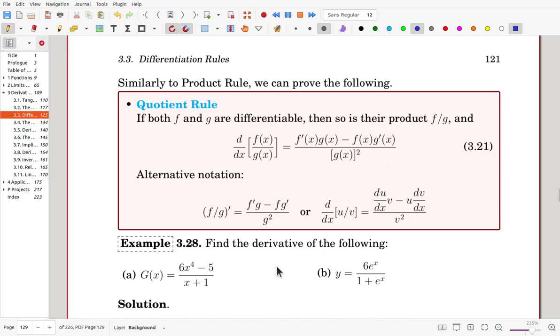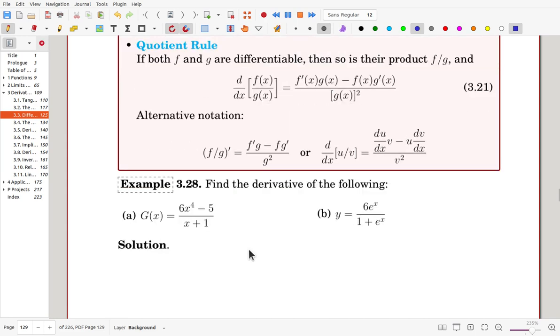Ignoring x terms, we can write it this way: the derivative of f over g is the same as f prime g minus f g prime over g squared. And similarly, for uv notation, you can write it in this way.